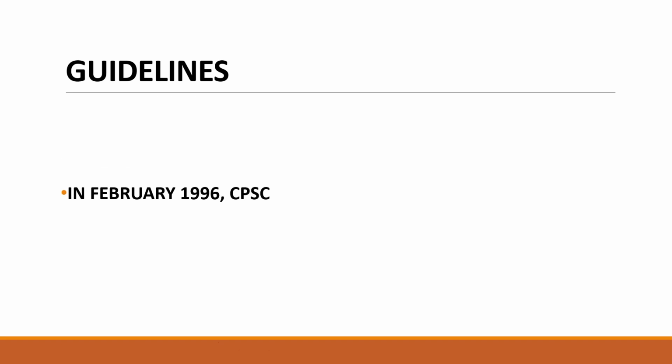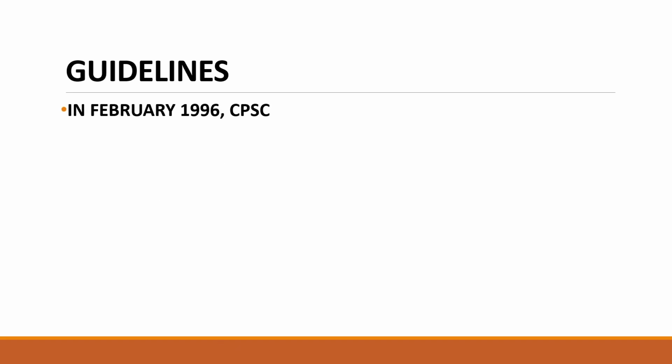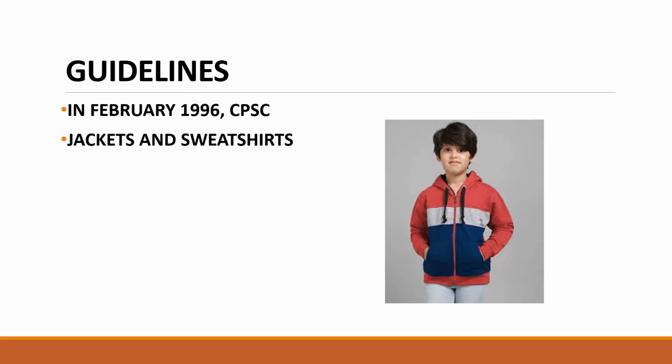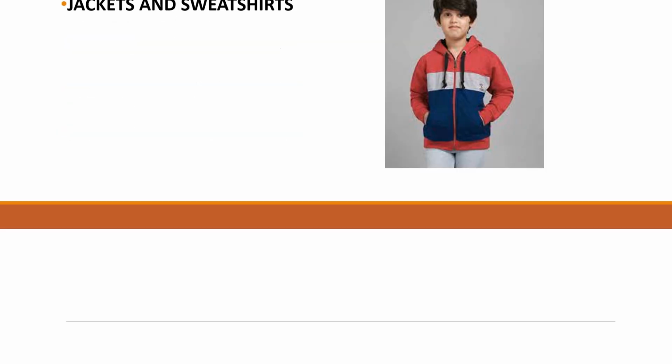So who is responsible for this, and who are the people really involved in regulatory affairs? Now the CPSC, the Consumer Product Safety Commission, has guidelines, issued in February 1996 for jackets and sweatshirts. According to that, product recall can happen.